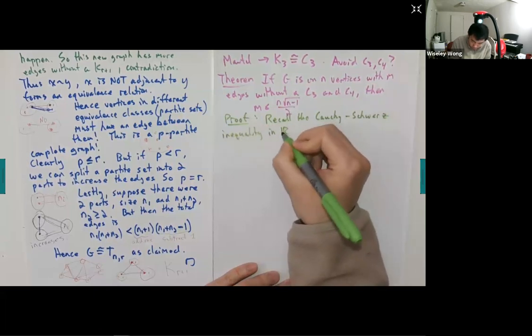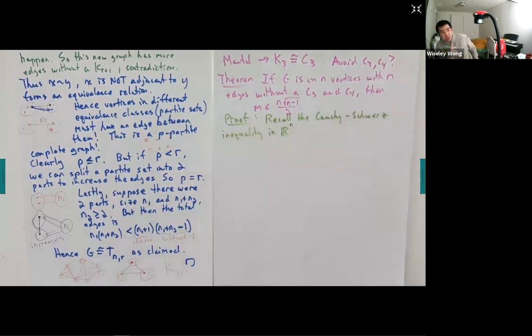So I'm not going to generalize this over arbitrary inner product spaces. This is just looking at the dot product case for the Cauchy-Schwarz inequality.